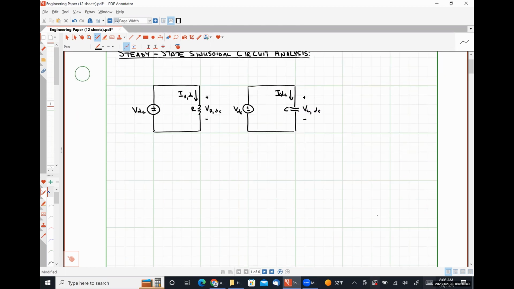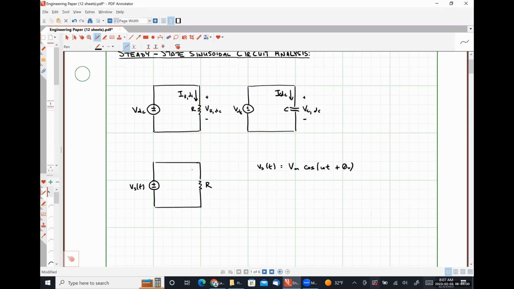So let's look at what happens if I have an AC signal. Specifically, a signal where Vs of t in this case will be of the form Vm cosine omega t plus some phase angle theta v.